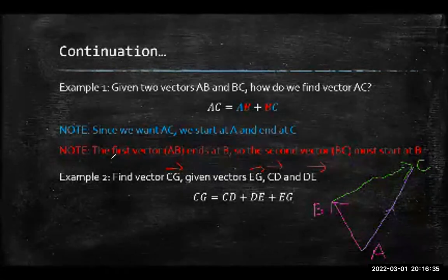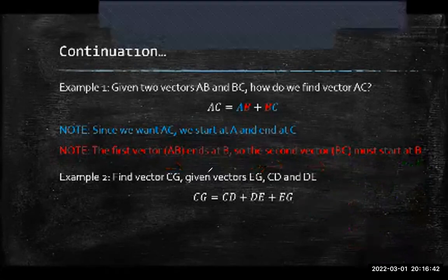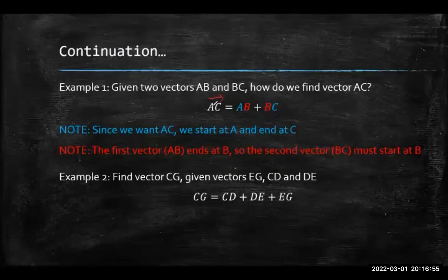Clear all. Right. So to get vector CG, I need to rearrange these vectors. What vector would I start with? Well, I told you from this example, the vector AC means I'm starting from A going towards C, so I must start with the letter A. Same thing here.